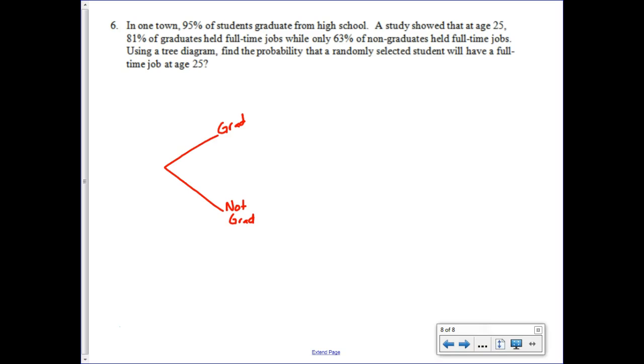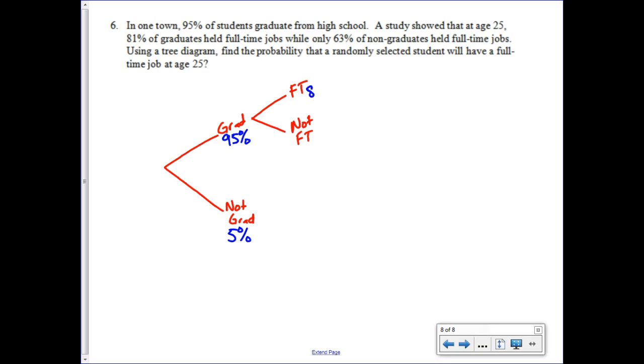The probability that a student graduated was 95%. So the probability that they didn't graduate then was 5%. So then of those students that graduated, 81% held a full-time job. So full-time, not full-time.